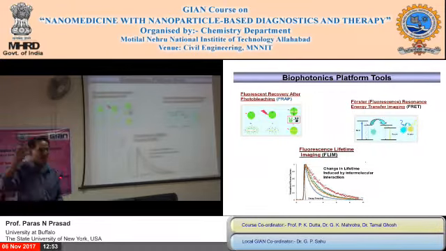Disease manifestation or progression can take months and years. So biology involves different time scales, and light allows you to probe all these events on multiple time scales.